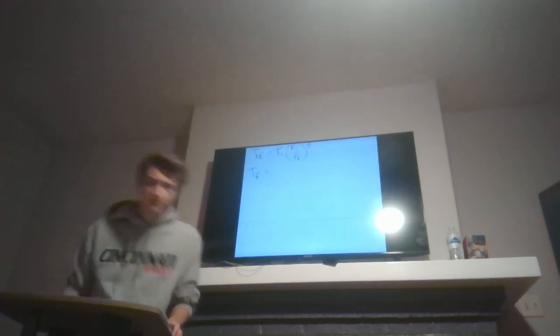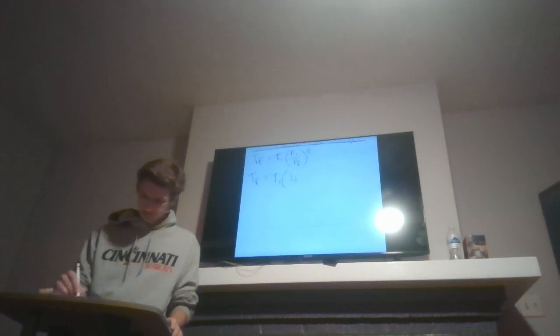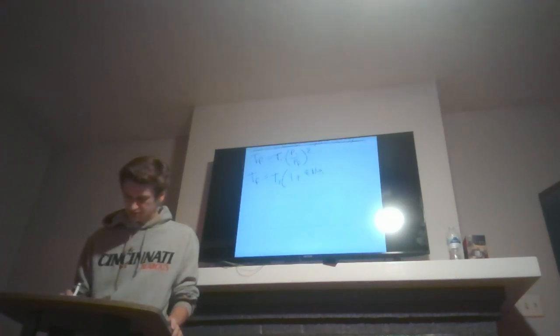Hopefully you can see. So we get TF equals T initial times 1 plus epsilon mg over RT1 times ZF minus Z initial.